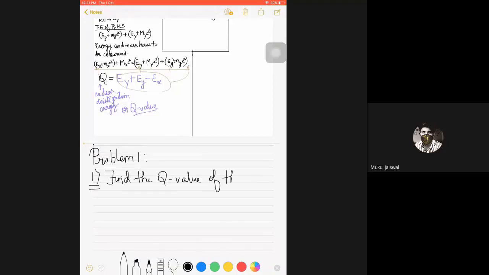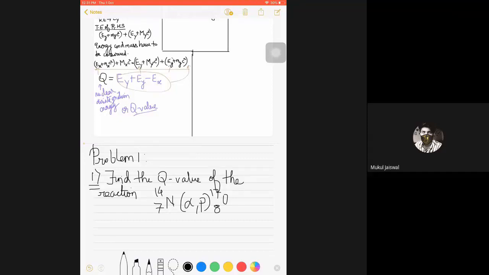Find the Q value of the reaction. The reaction given is nitrogen-14 (7N14) plus alpha, giving proton plus oxygen-17 (8O17).